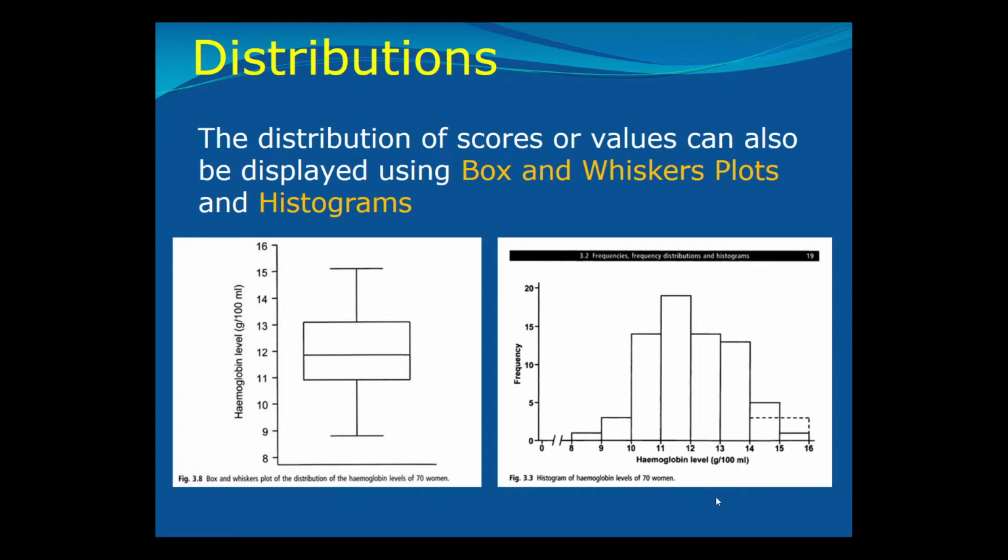The distribution of scores or values can also be displayed using box and whiskers plot and histograms. Later we will discuss how to interpret box and whiskers plot. At this slide you see an example of a histogram of hemoglobin levels of 70 different women.